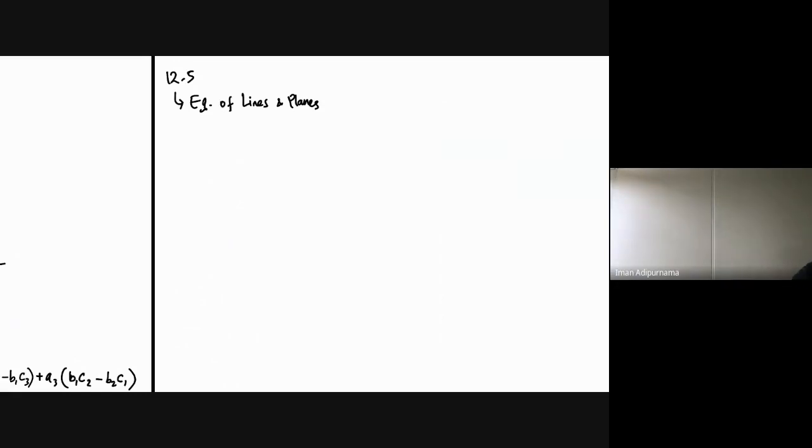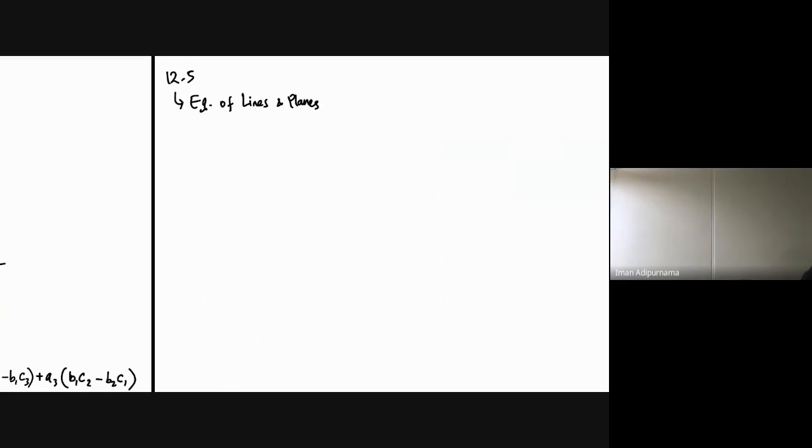Before I continue with 12.5, in chapter 12, the vectors, 12.1 to 12.4 is actually just an intro to vectors, which you have learned before: what vectors are, what the dot product and cross product are.